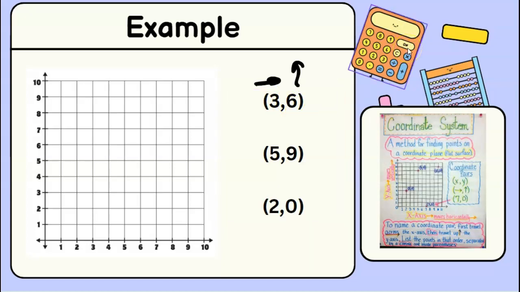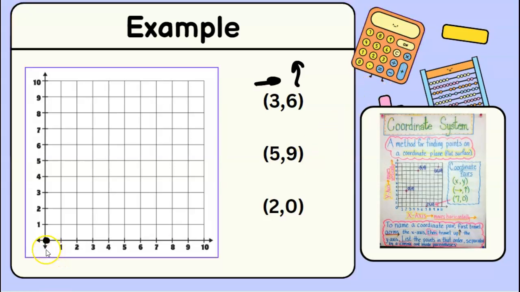So when I'm given an ordered pair, how I read it is I'm going to start at my origin. I'm going to move that many spaces to the right. So since my first number, my x, is 3, I'm going to move 1, 2, 3 until I get to that 3. Then I'm going to look at my y and count that many spaces up.